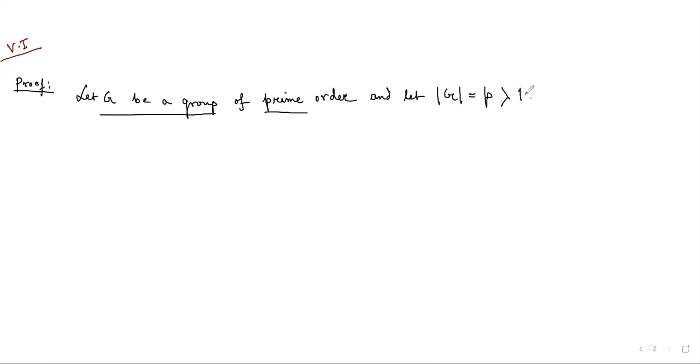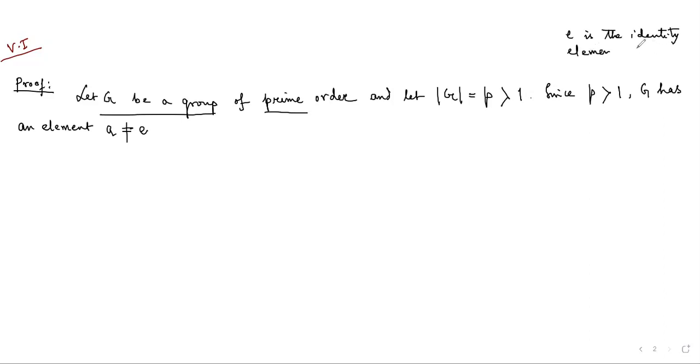Now, since the prime number p is greater than 1, the group G has an element a which is different from the element e. e is the identity element of the group G. Every group contains its identity element.